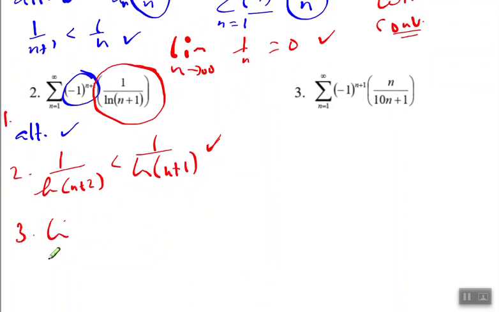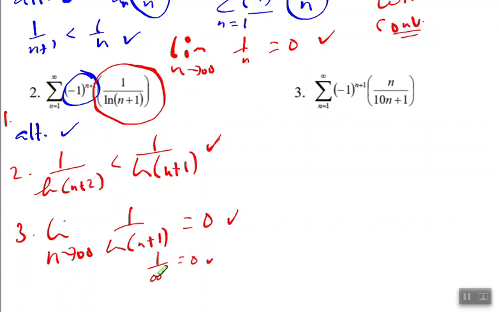And the last thing is the limit as n goes towards infinity of 1 over the natural log of n plus 1. Is that equal to 0? That answer is yes, because we have 1 divided by the natural log of infinity plus 1, which is 0. And it's not L'Hopital, it's just that whenever you have any number over infinity, it's going to get you 0, okay?